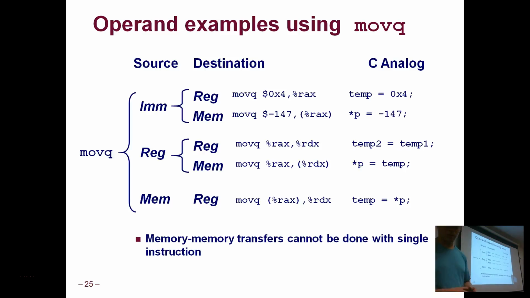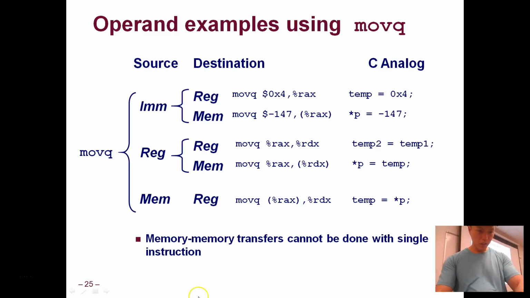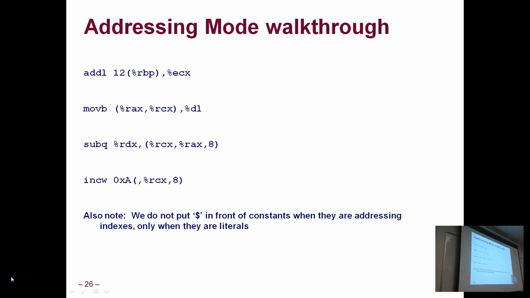All right. Let me quickly see. Okay, so I want to go through some examples of how these modes are used. If you see an instruction like this, addl 12(%rbp) into ECX, you see that this is a mix and match between 64-bit values and 32-bit values. The reason is that this is a memory location, right?